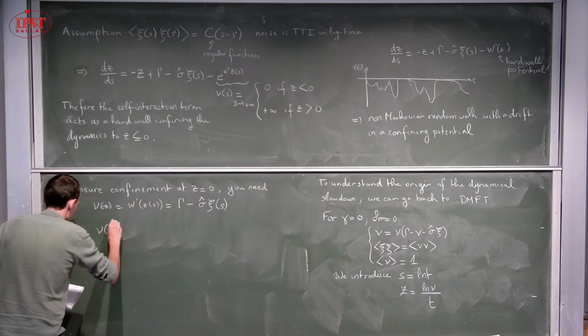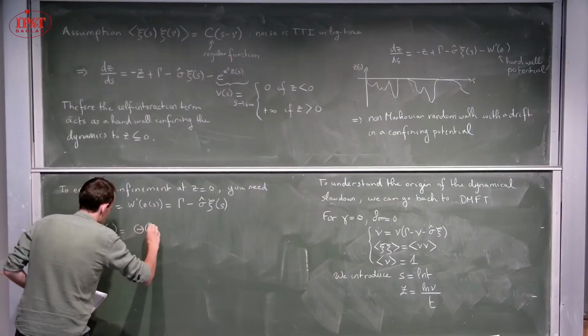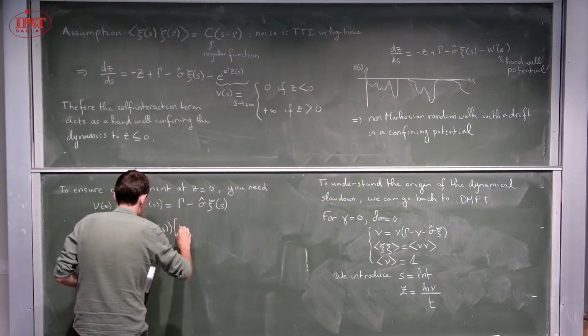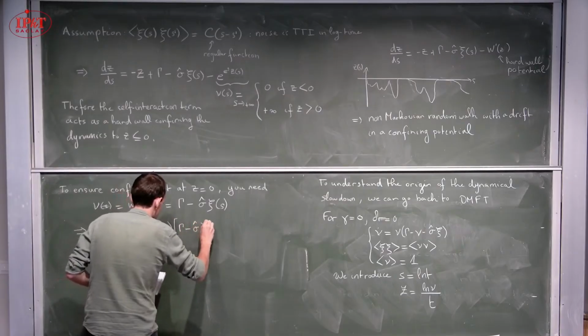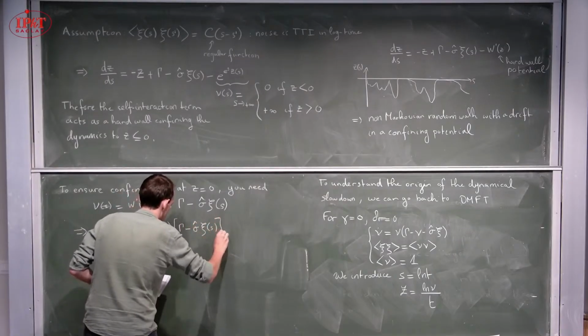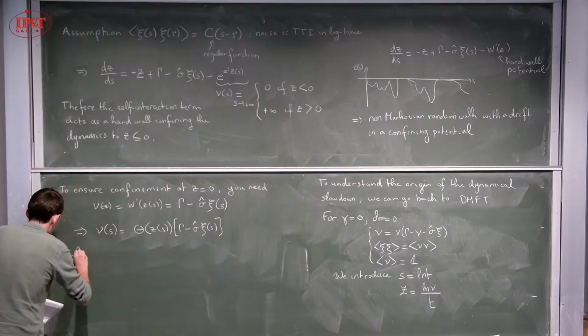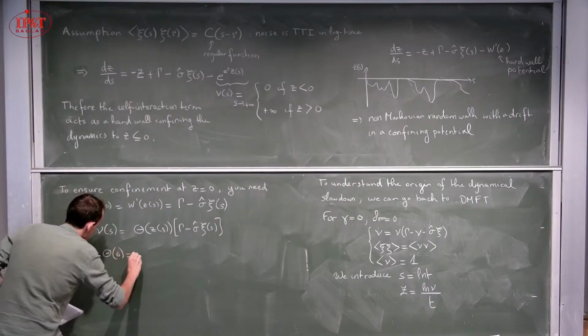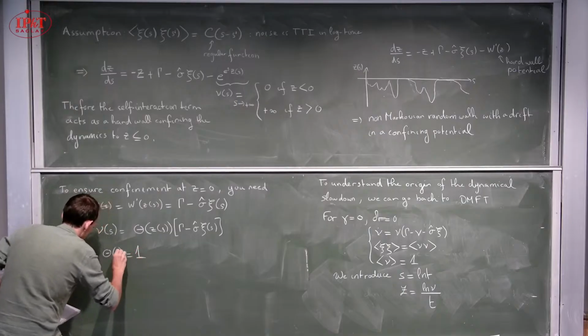And so you get that nu of s is theta of z of s times this guy, where theta is the Heaviside function with the convention that theta of 0 is equal to 1.